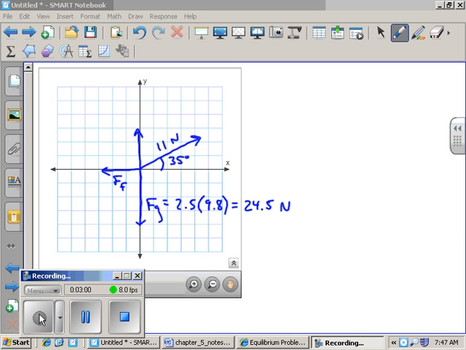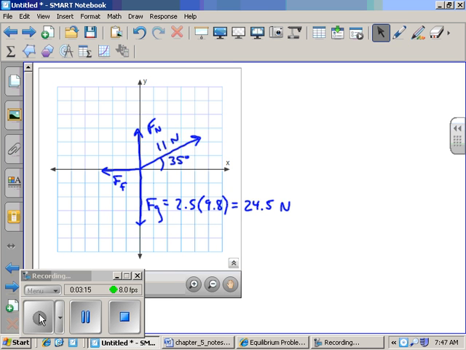Then we are asked to actually calculate the forces that we don't know, the normal force and the force of friction. Well, in order to do this, we need to make sure that we know the x and y components of everything. And so we have to then calculate the x force applied, Fax, and the force applied, Fay, in the y direction.